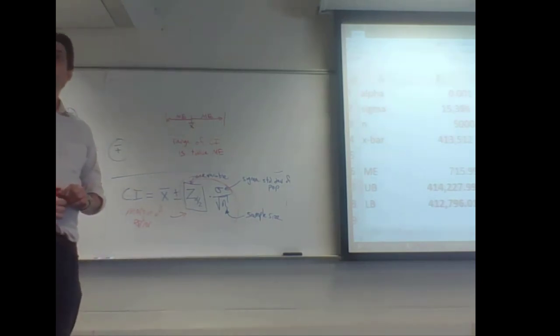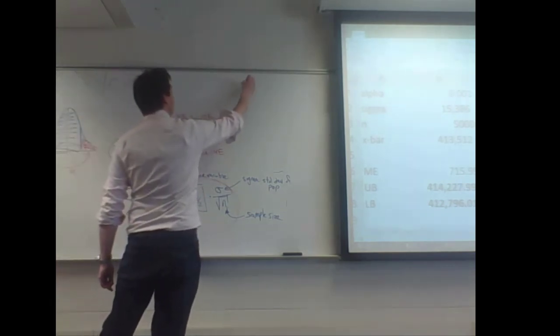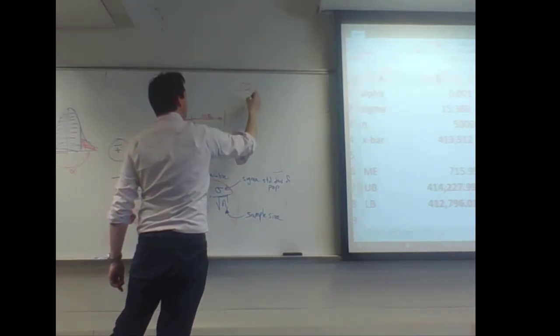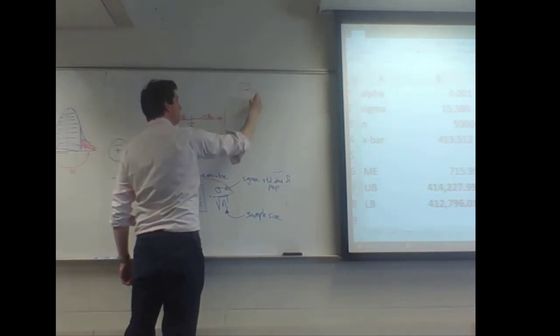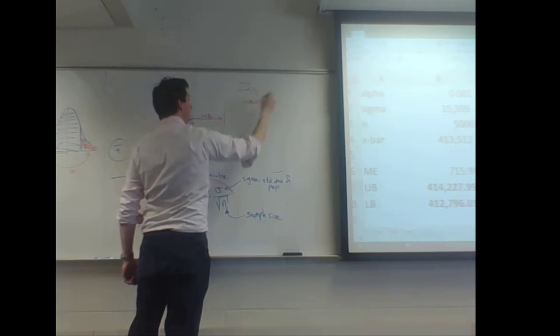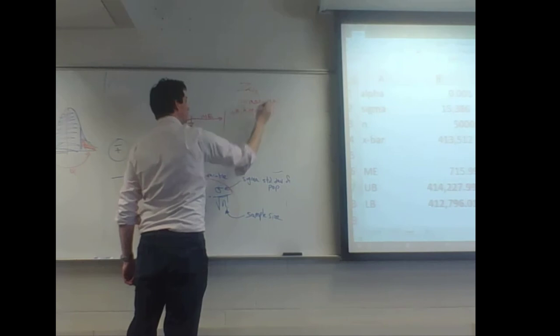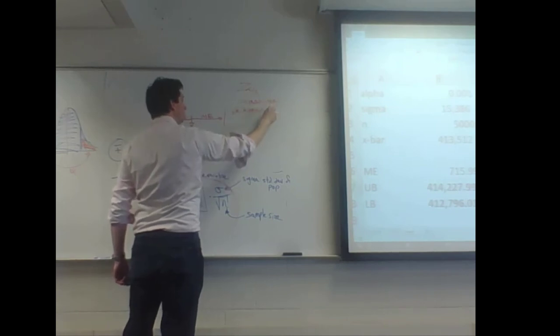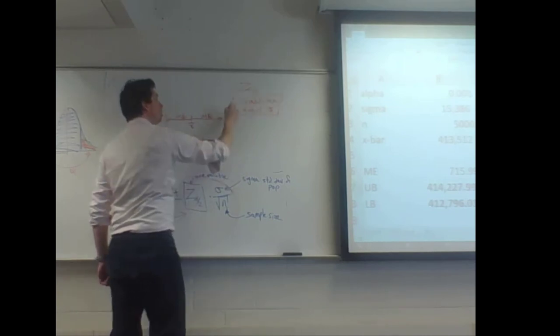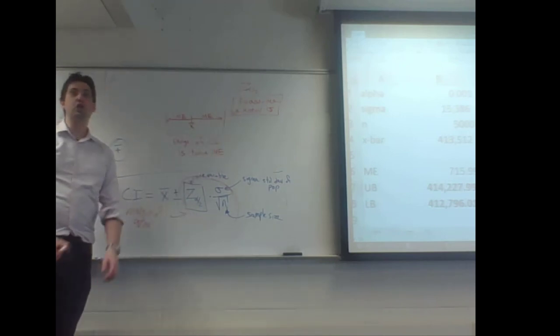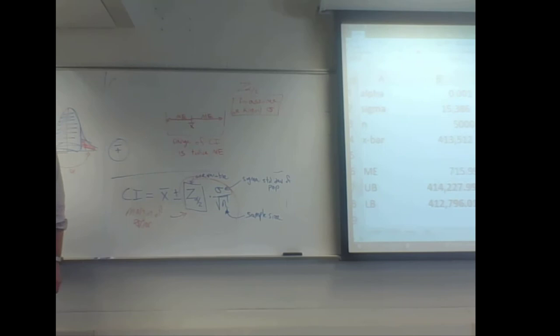Any other questions? These z-scores we're using, these z alpha divided by 2, rest on a really important assumption. We assume we know sigma. We assume we know the population standard deviation.